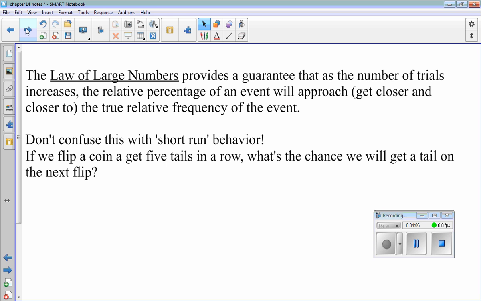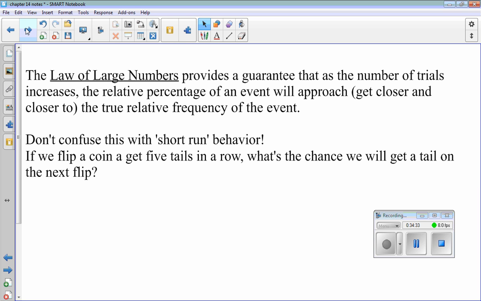Think about your simulation for at least 2 girls. Think about any simulation that we've ever done. The smaller number of trials that we have, the probabilities aren't that great. But the more trials we do, the law of large numbers says we're going to get closer and closer and closer to the actual probability, right? So that's kind of what this is saying.